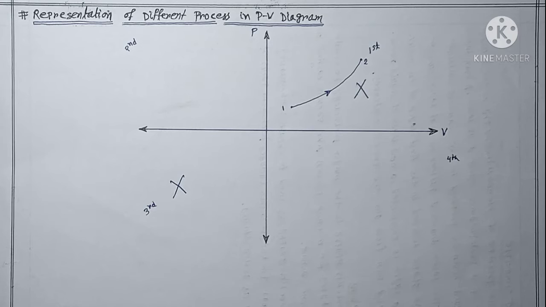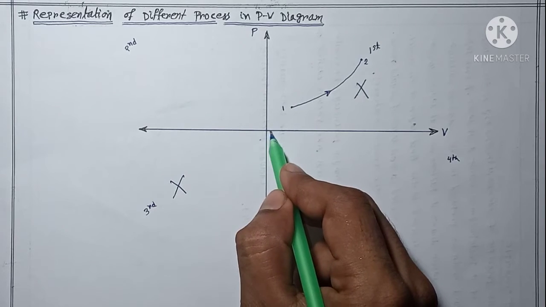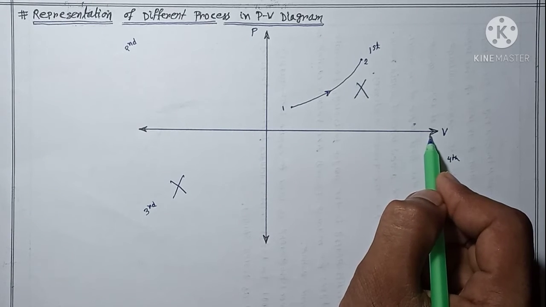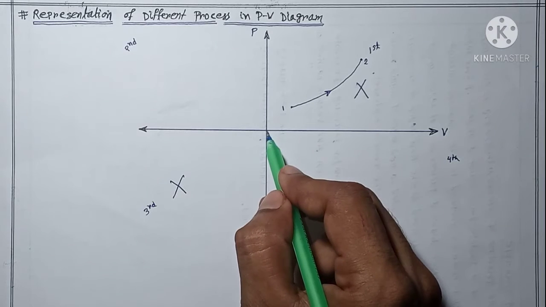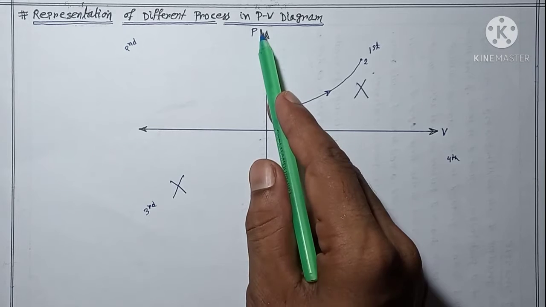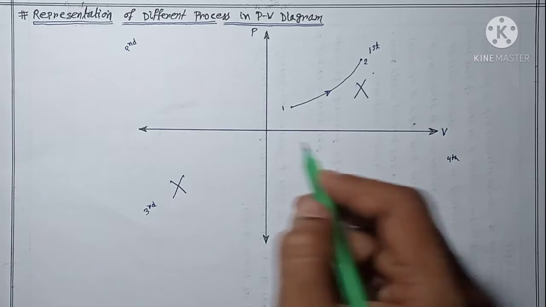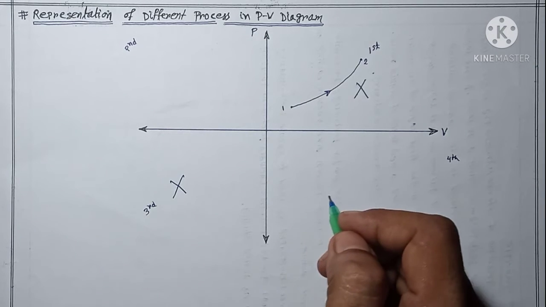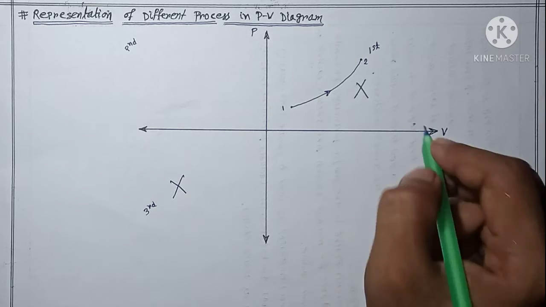Now you tell me, this axis represents the volume. The axis which represents the volume, the value of pressure on that axis is basically constant.